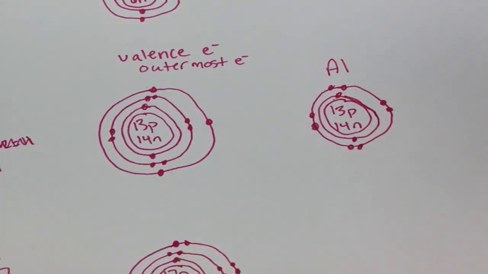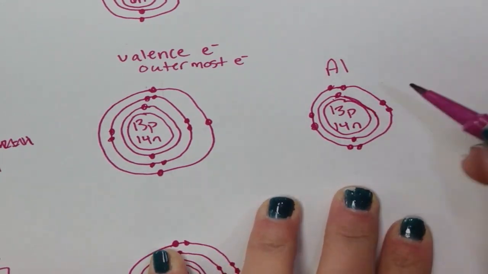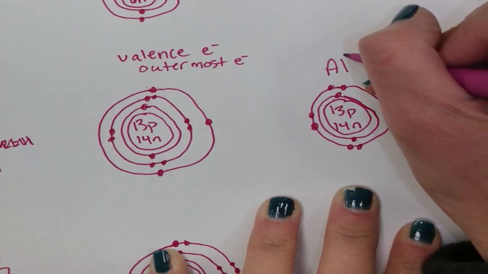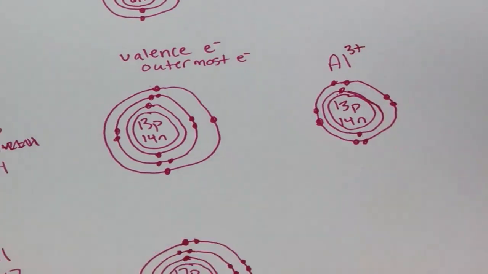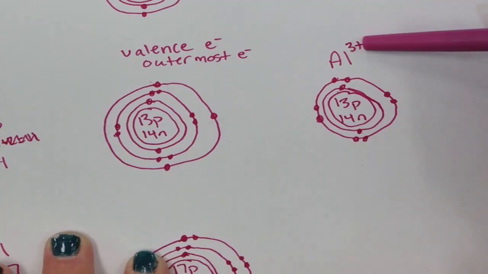When we lose electrons, we form a cation, which is a positive. And how many electrons were lost? 3. So our oxidation number up there at the top is a 3+. Aluminum has lost 3 electrons to form a cation.